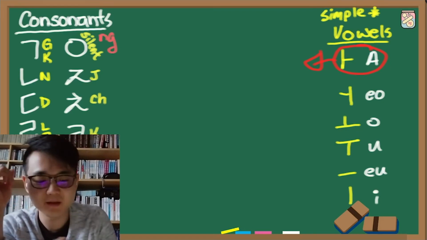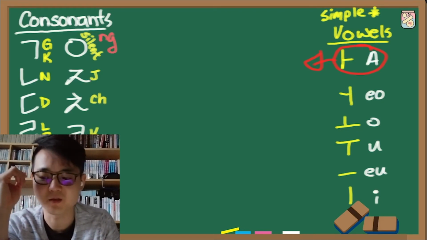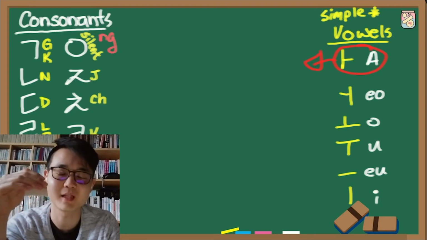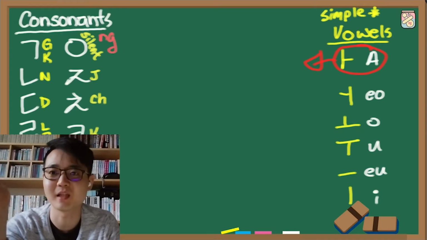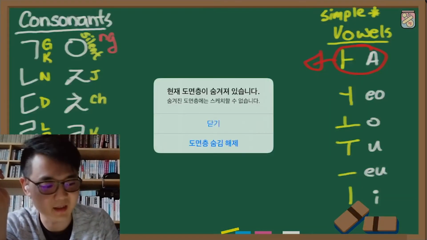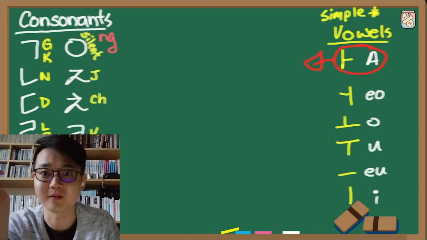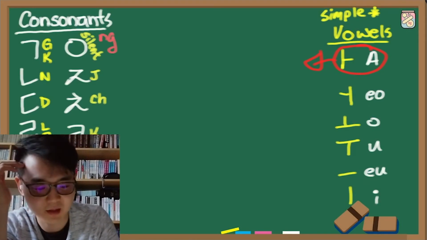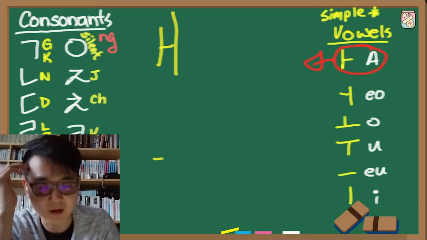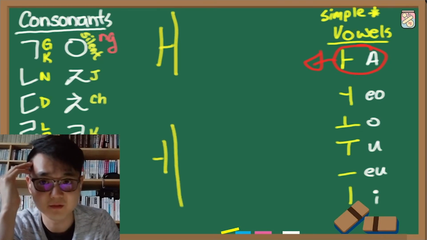All right, let's now talk about the slightly more complex vowels. In these complex vowels, most of the times there are two that sound exactly the same but are written differently. And that just adds the complexity to Korean, unfortunately. So E and E sound pretty much the same.